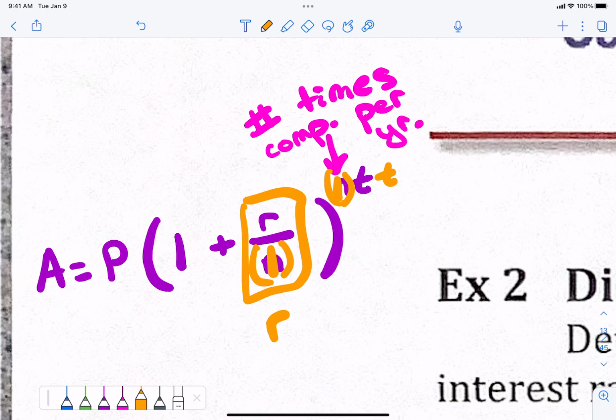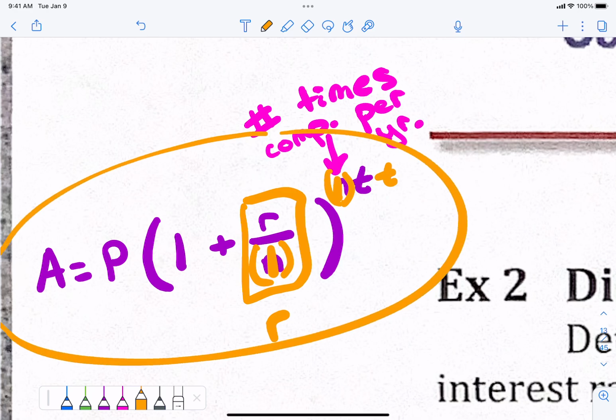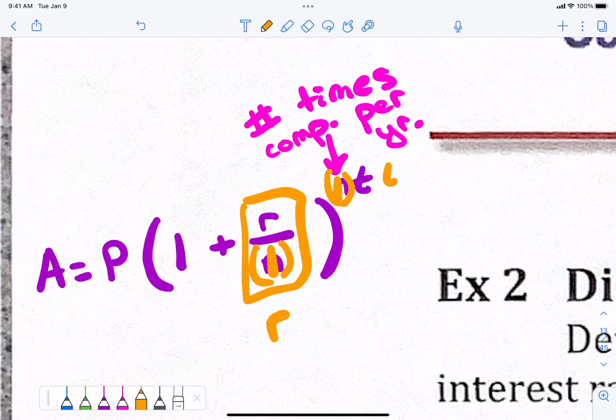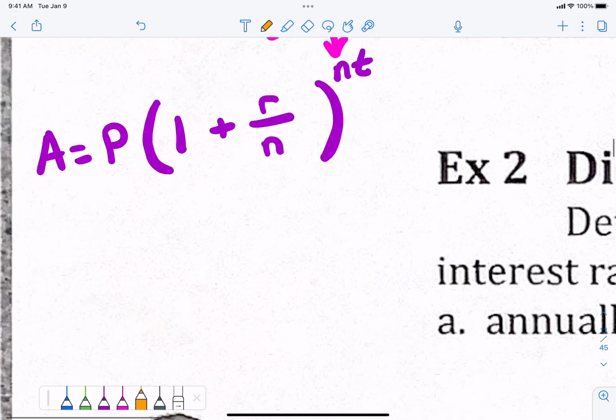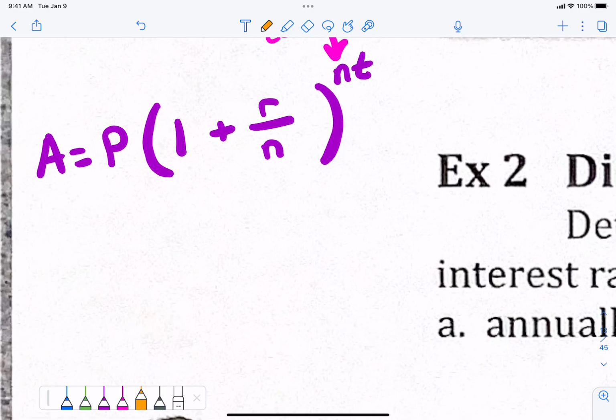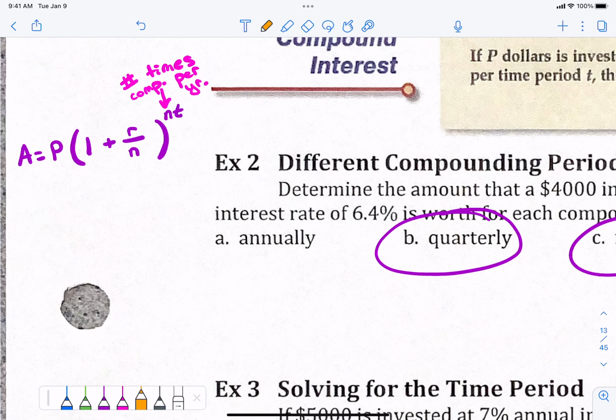That's why the formula they gave us in the box works, because you're just plugging 1 in for n. So you technically could use this formula for annual. It's just that n is 1, so you might as well not even talk about the 1, because it's not going to change things. So this is the formula you want to use when it's compounded other than annually.